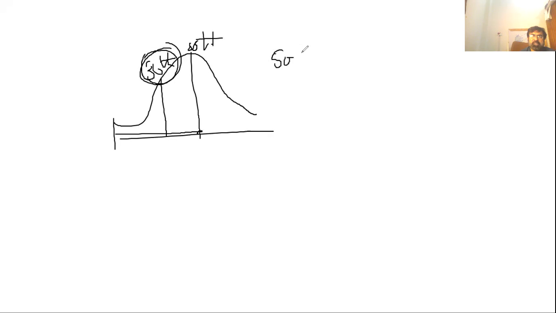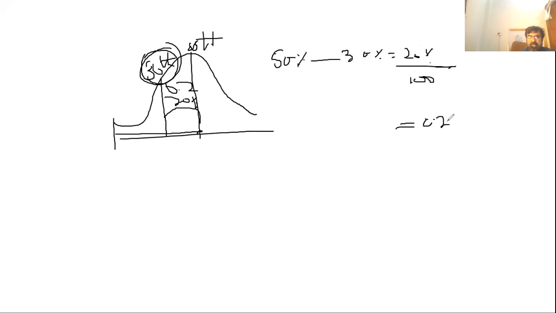So from 50%, you have to subtract 30%, and it will become 20%. So the area from here to here is 20%, or 0.2. If you divide this by 100, that will become 0.2.